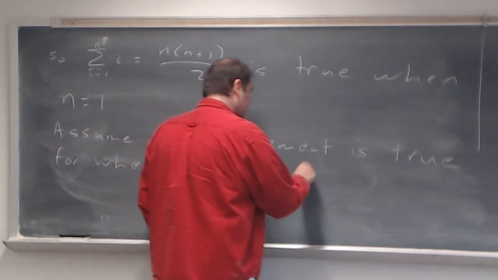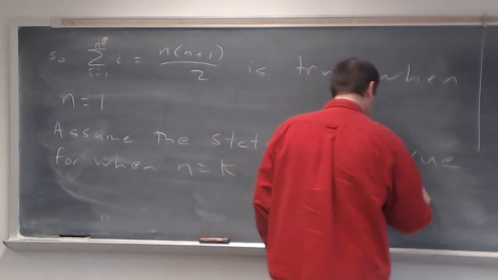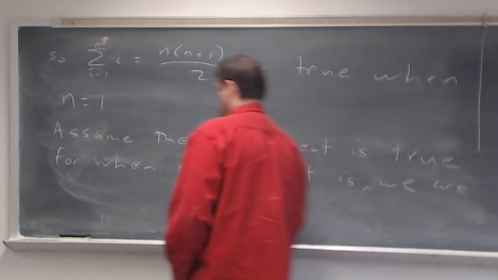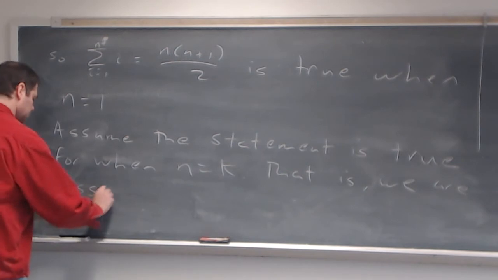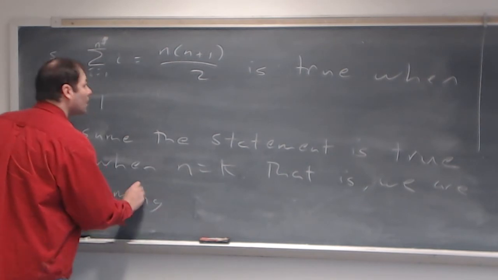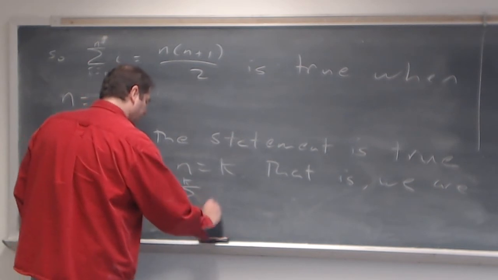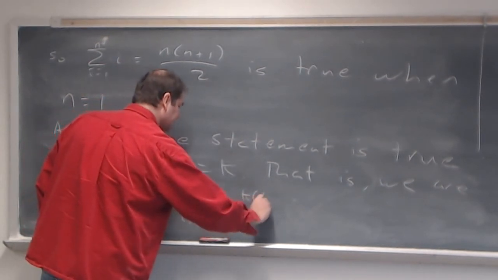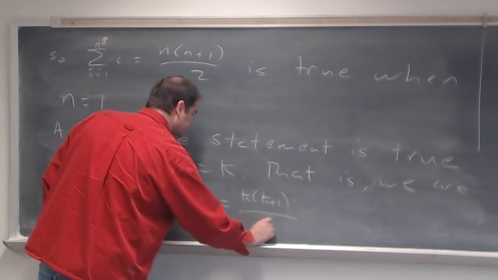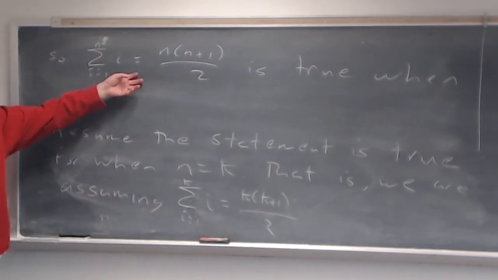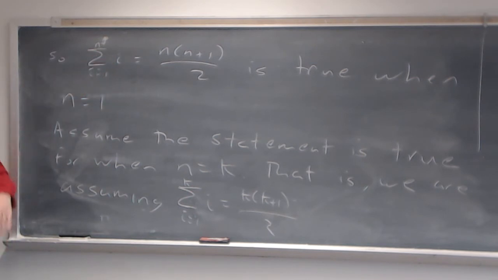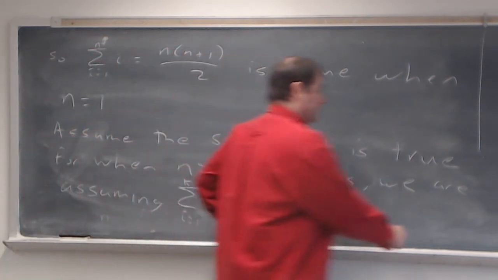That is, here's what we're assuming: the sum as i runs from 1 to k of i is equal to k times k plus 1 all over 2. I'm just replacing in the generic formula where there's an n, I'm putting in k. That's all I'm doing. Okay, so we're assuming that.